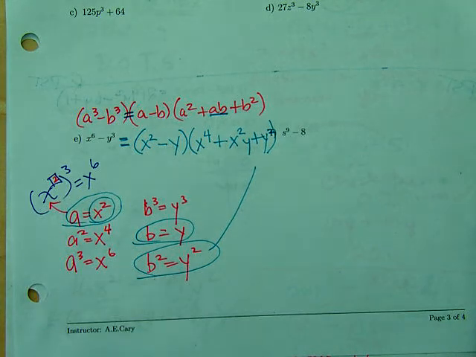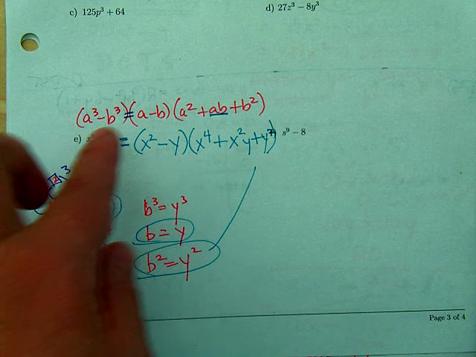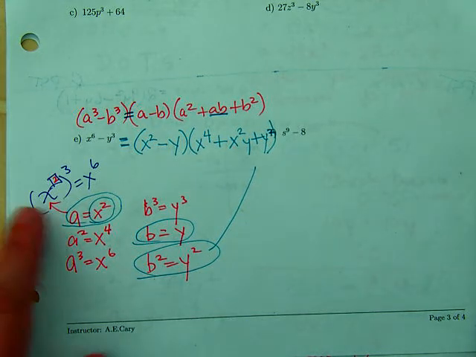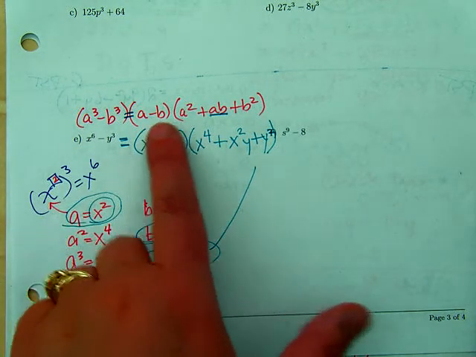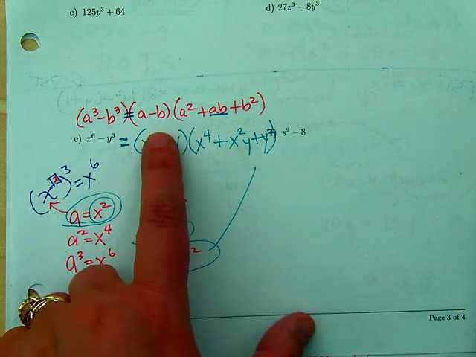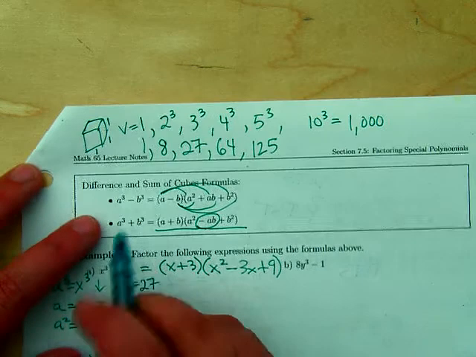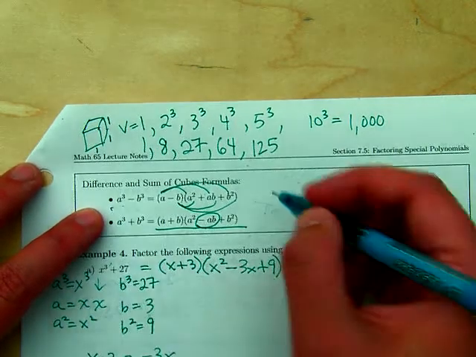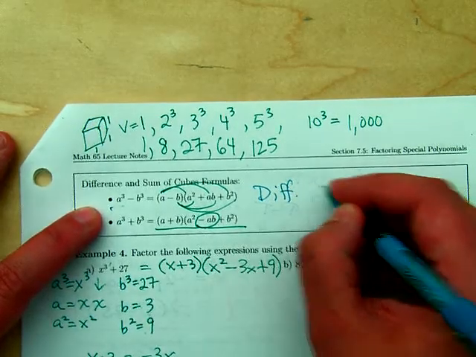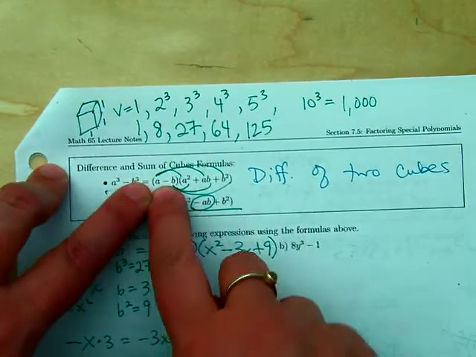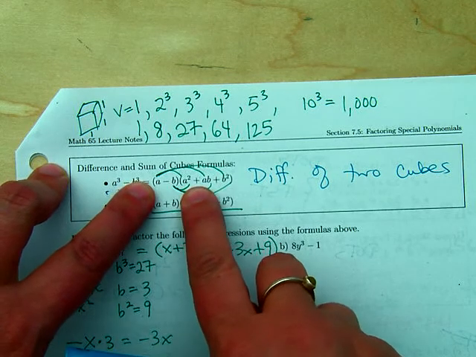So the main thing is identifying if these are cubes and then using the formula to plug them into the same format. Yes, did you have a question? The signs. In red, right here. So I'm looking at, see how there are 2 different ones? The first one is the difference of 2 cubes, so the negative actually goes in front and the positive is in the back.